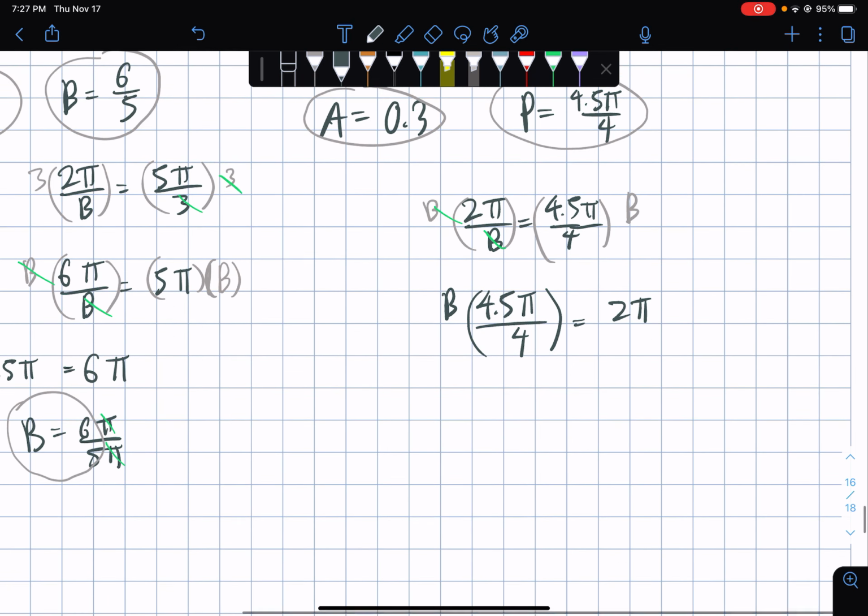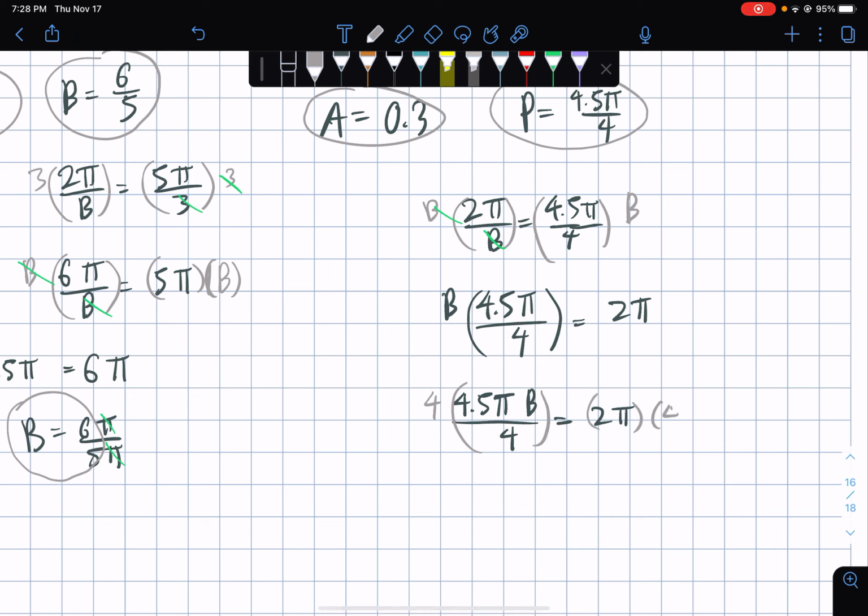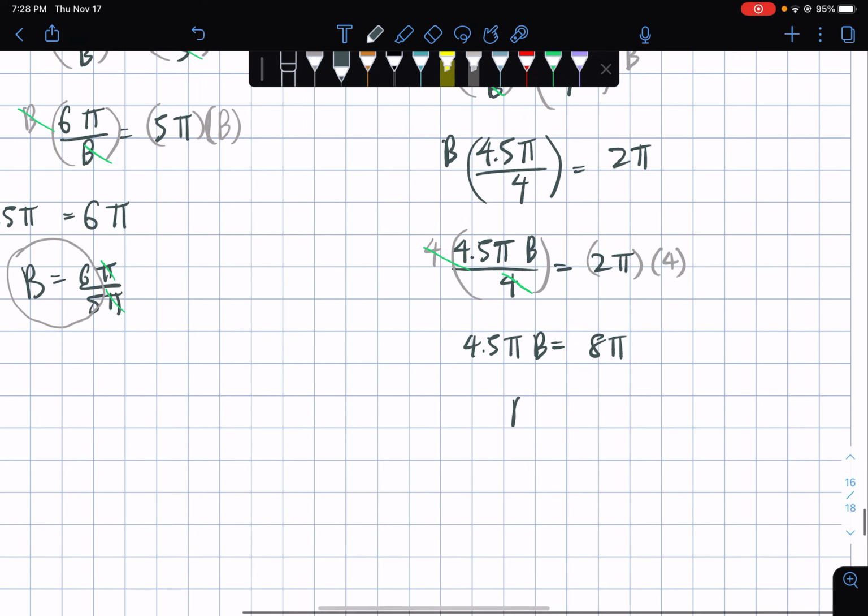Again, this is just a documentation of my understanding. Okay, cancel. 8 divided by 4.5 is basically 16 over 9.